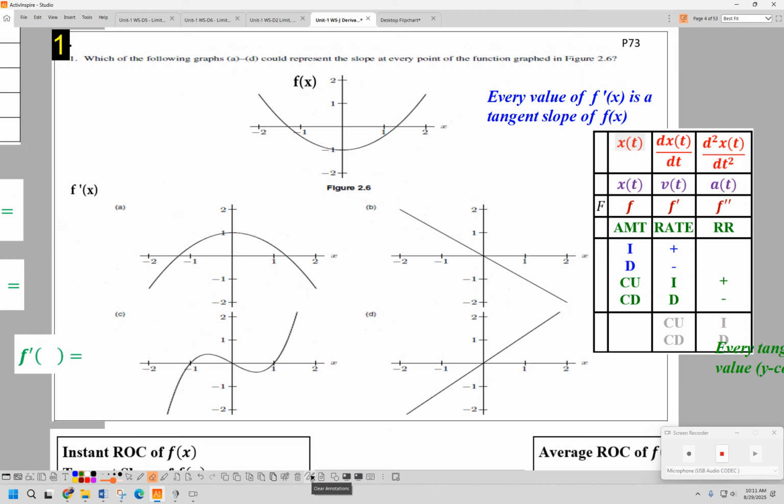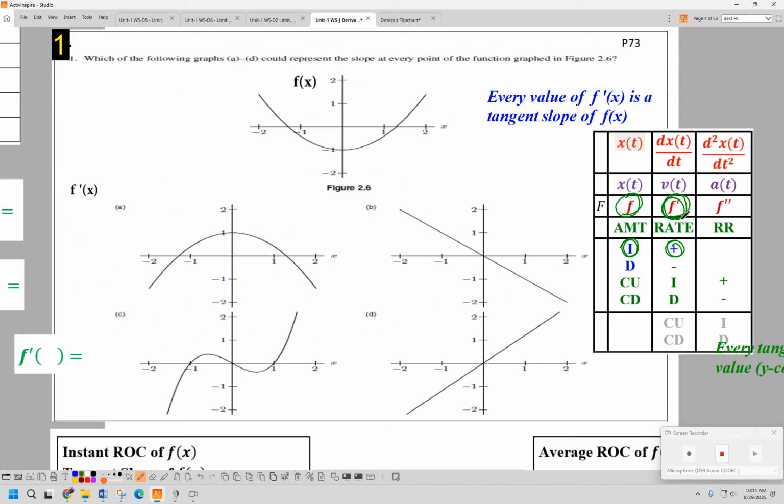Okay, we know that if the values of f are increasing, then that means every single slope that we measure on f is going to have a positive value. F prime are the slopes on f.